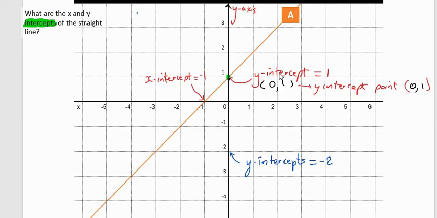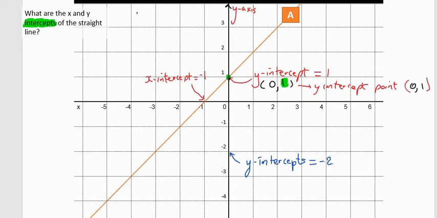What's the y-coordinate of this point? One. So what can we say about the y-intercept value of 1 and the y-coordinate of the y-intercept point? They are identical, or the same. Yes, very good.